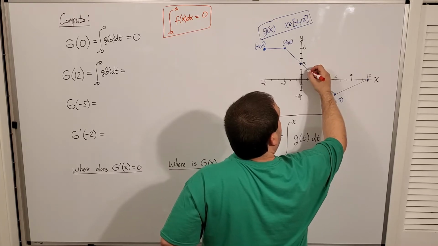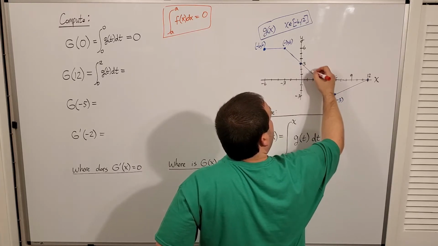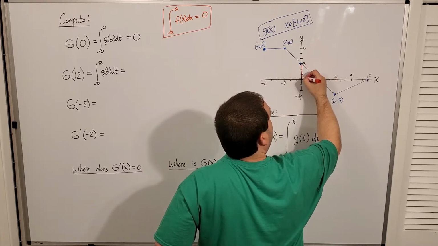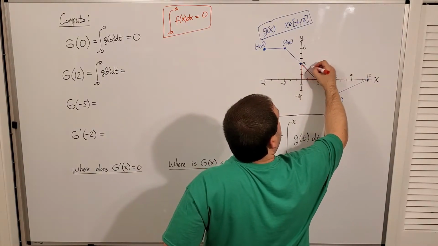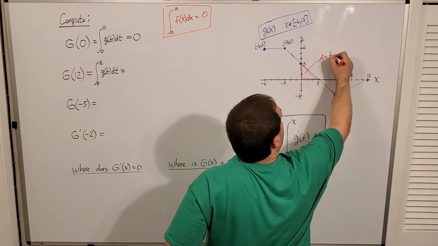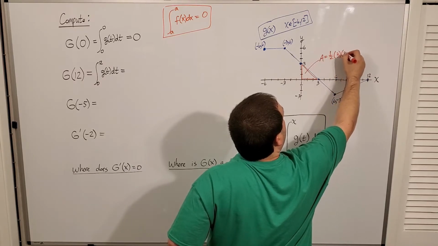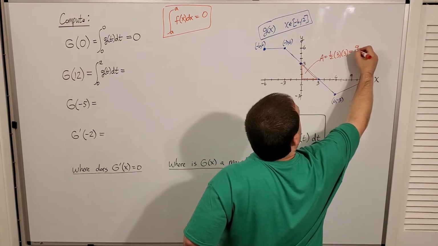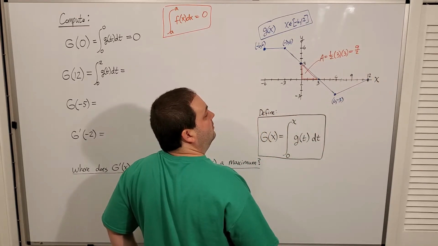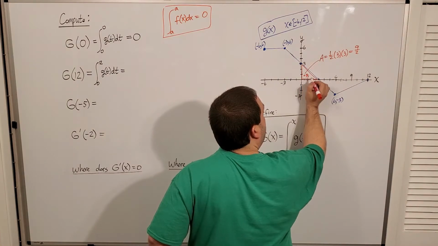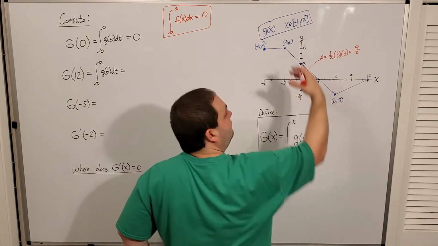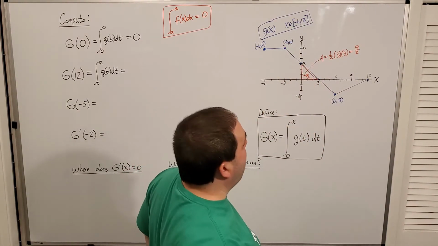So I've got this little triangle right here, whose area is going to be 1/2 times 3 times 3, or 9 over 2. So I have a plus 9/2 here, right? Because that's a positive area up above the axis there.